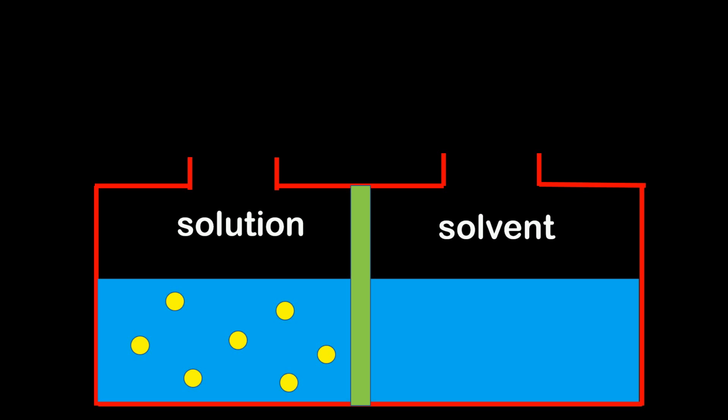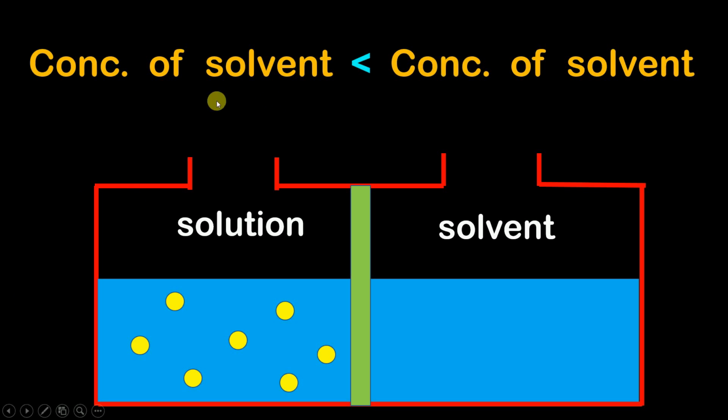Now guys, can I make a statement that the concentration of solvent is less on the left hand side and the concentration of solvent is greater on the right hand side? Why? Because on the right hand side more amount of blue color solvent is present, whereas on the left hand side, along with the solvent there is solute also present.